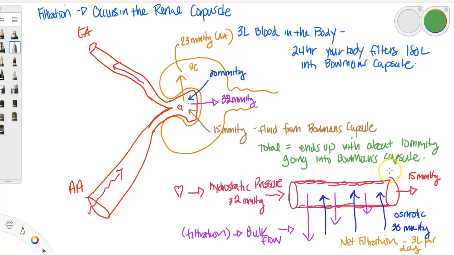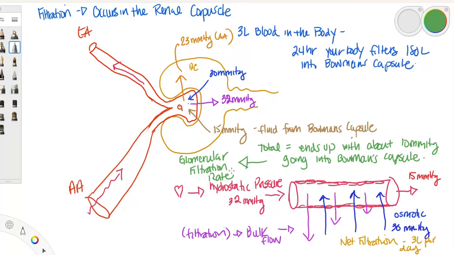So that is the filtration, and we call it the glomerular filtration rate. So that is the net amount of stuff being pushed into Bowman's capsule, considering all these different pressures moving into and out of the glomerulus, in and out from the Bowman's capsule.